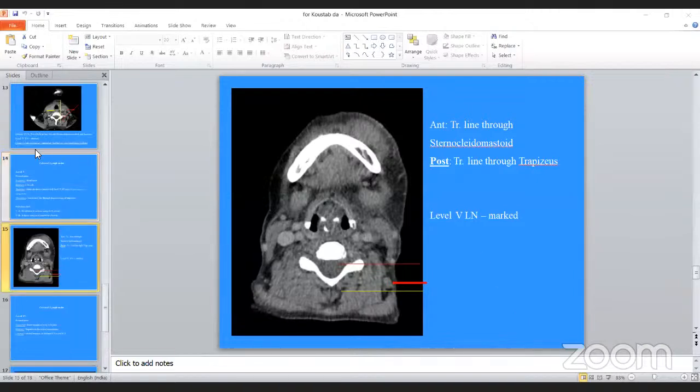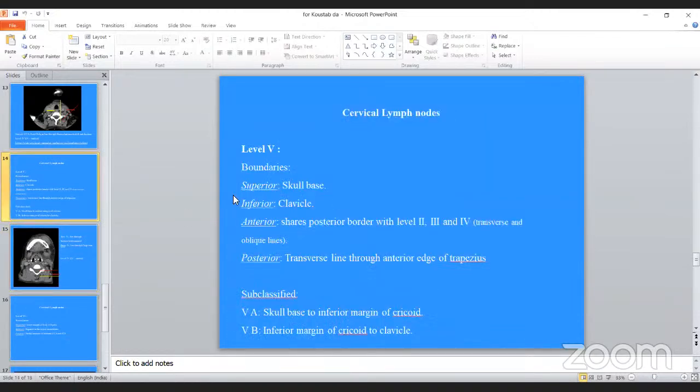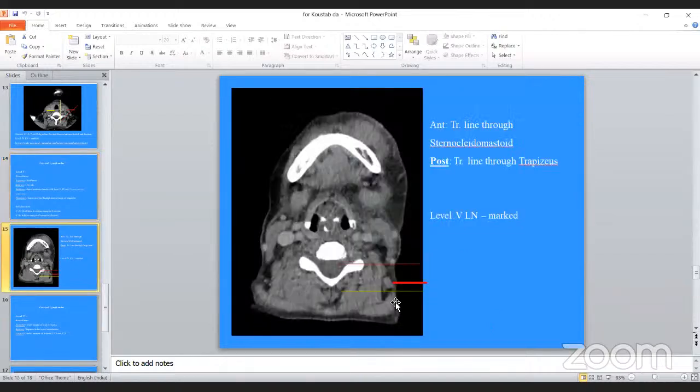Okay, so we define the level 5 as from the level of the skull base up to the clavicle, and anteriorly this is along the posterior borders of the 2, 3, and 4, and posteriorly is through the trapezius. So what we do radiologically is not based on the vessels, it is based on the muscles.